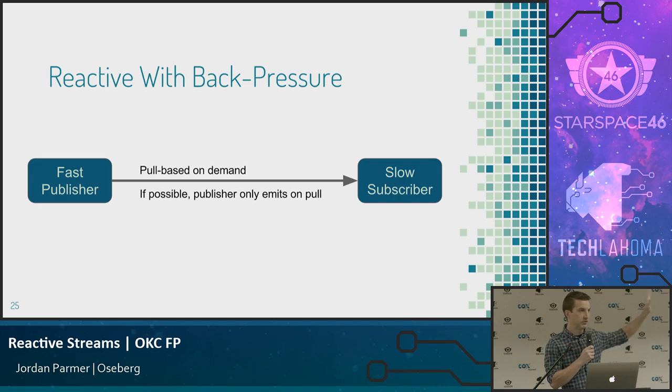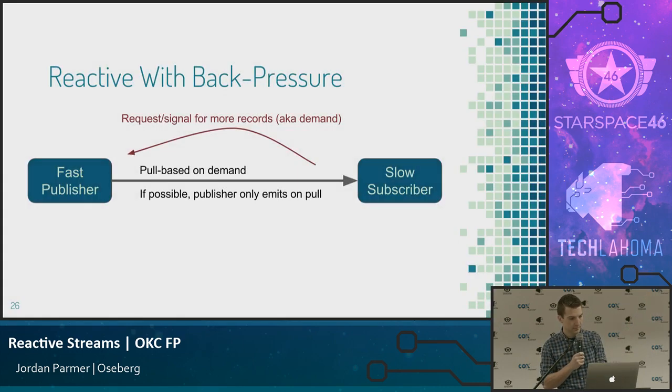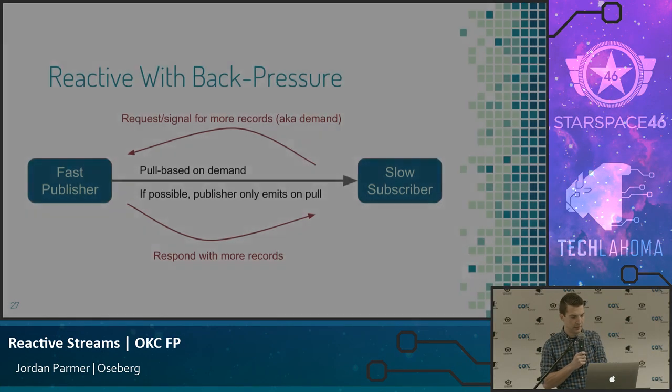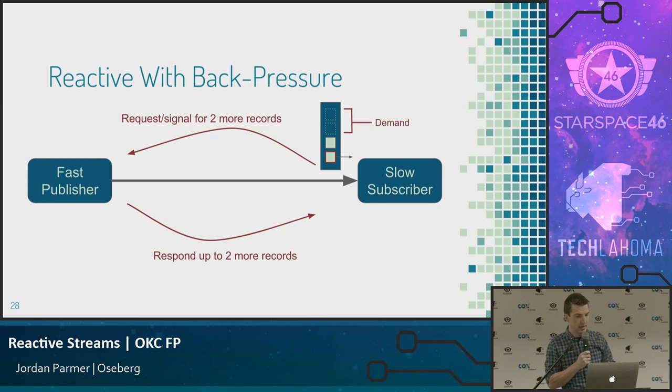And then the publisher has to wait before submitting anything else. So the subscriber sends out a request or signal upstream, and that creates what we call demand. And then we respond with more records based on that demand. So in this case, if we have a buffer of size 4, and we've got 2 open slots, then we can submit a signal for 2 more, and the publisher can satisfy that.